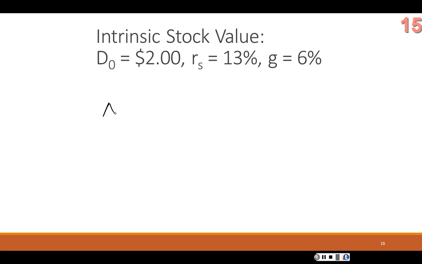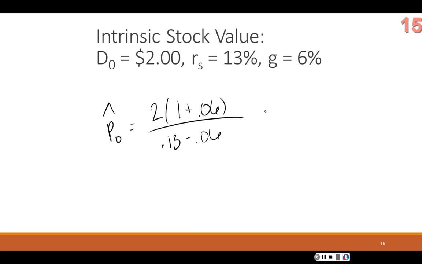So the last dividend paid was $2 times 1 plus the growth rate of 6%, divided by the required return of 13%, minus the growth rate of 6%. That gives you an intrinsic value of $30.29.